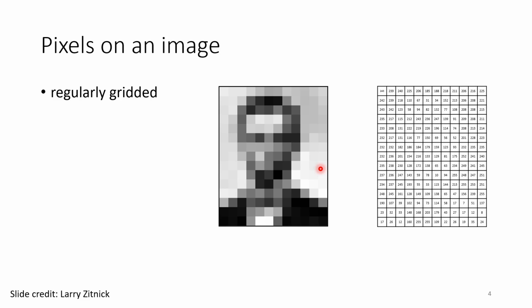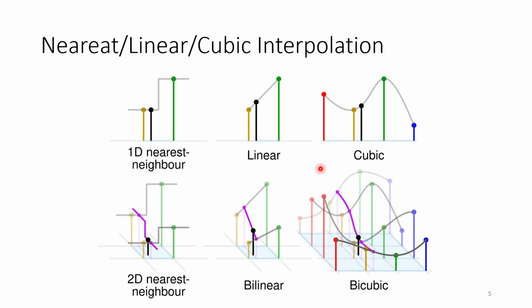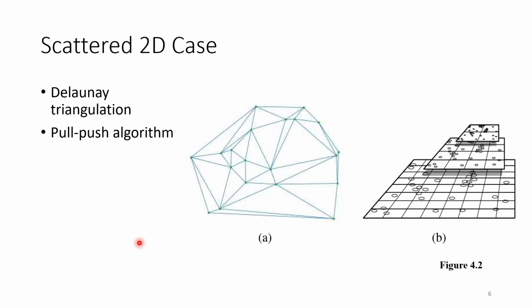In our last week's lecture, we showed some interpolation methods: nearest, linear, cubic for 1 dimension, or for 2 dimensions, bilinear, bicubic, etc. However, for this case, every circle here is one of your data points.